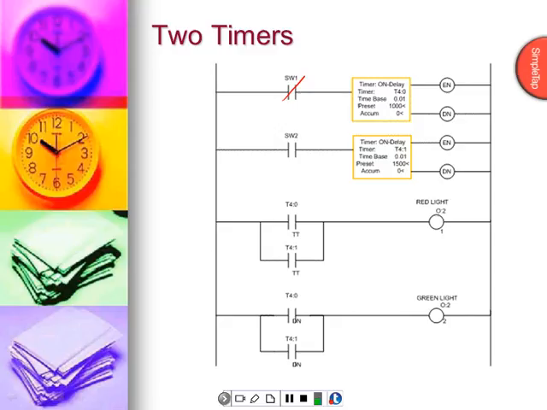Which timer's going to start? Alright, T40, right? So T40 starts working. How many seconds is T40? 10 seconds. Alright. During that 10 seconds, what happens?